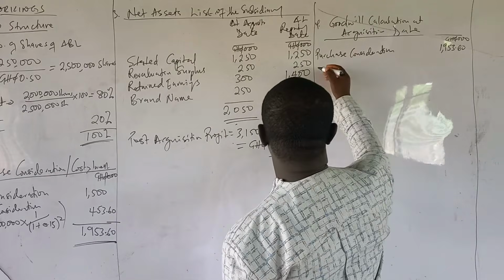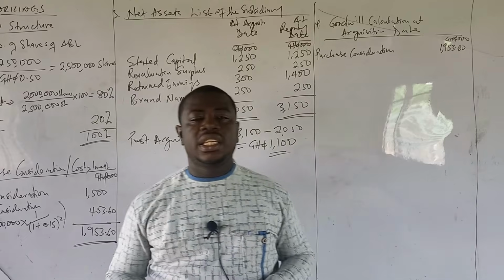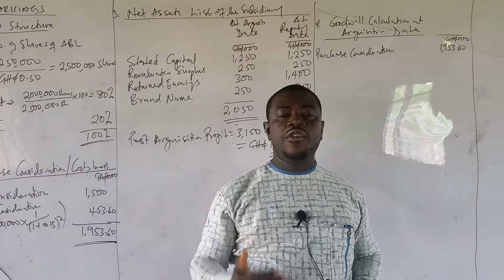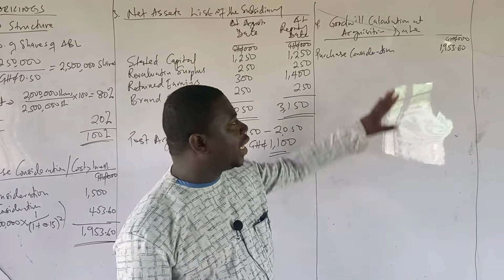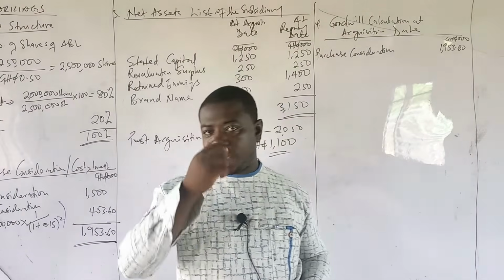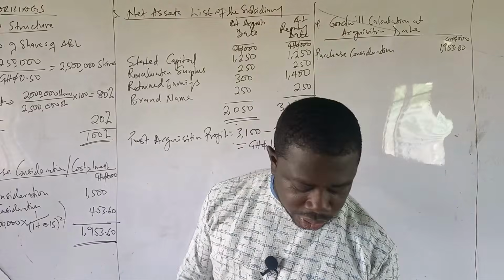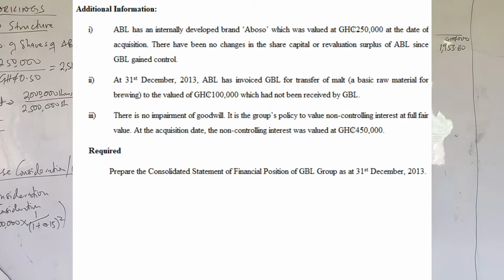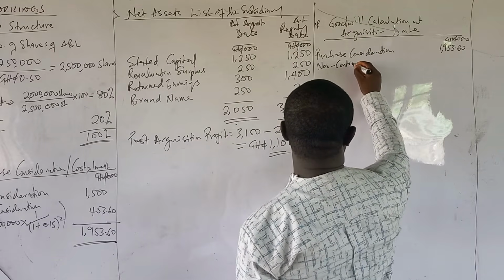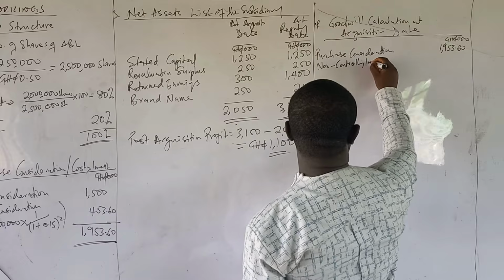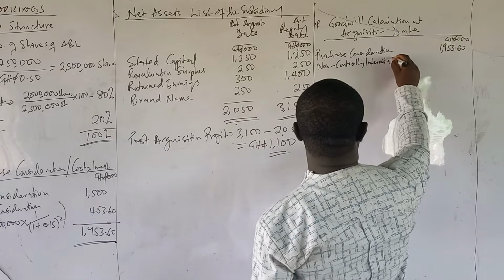Then, remember that I told you that when there is a full fair valuation for non-controlling interest at acquisition date, we add that to the purchase consideration to get our goodwill. Now, in this question, we are told that non-controlling interest was valued at 450,000. And so, we'll add that non-controlling interest at fair value.